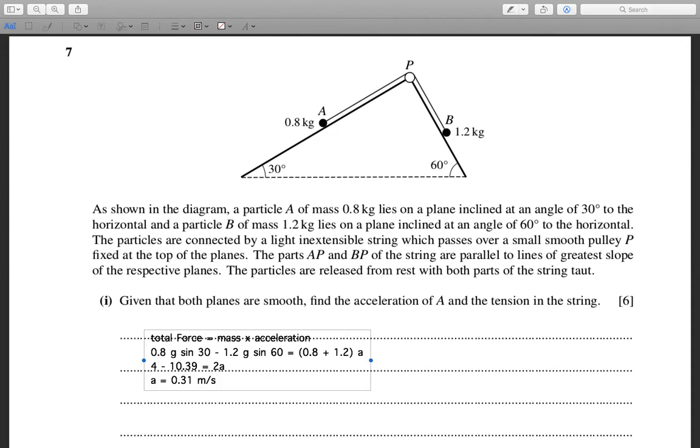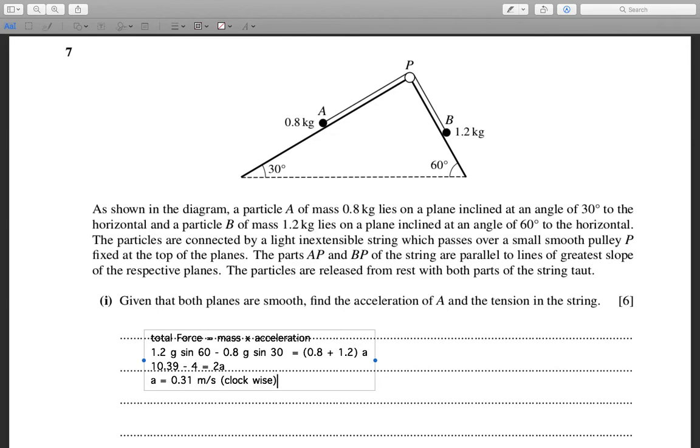Now I will change the position of this equation, so here it is 4 minus 10.39. We get a of 0.31, clockwise.